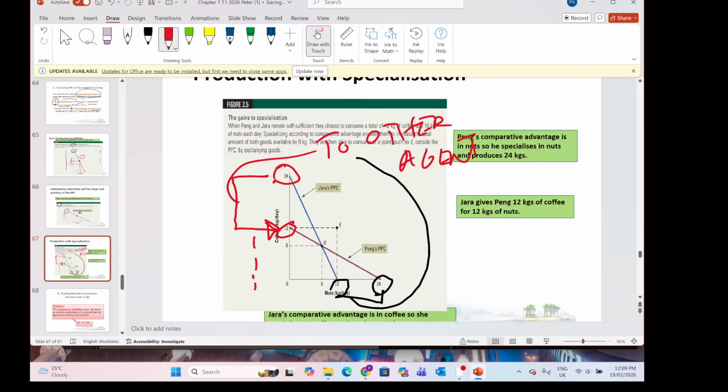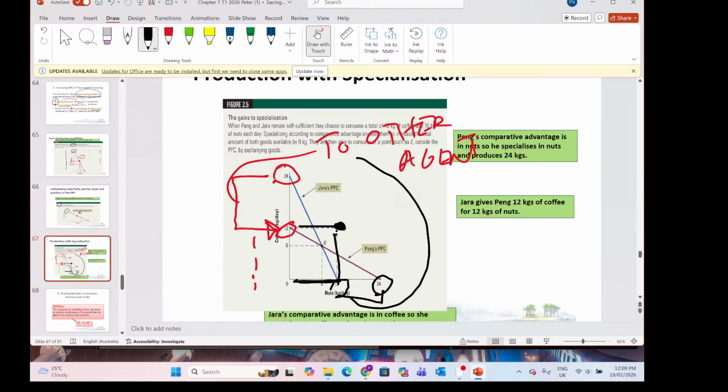And now the guy who's producing nuts has made 24, but he's kept 12, and he's been provided with 12 units of coffee from the other player. So both of these producers can now have 12 units of coffee and 12 units of nuts, and they are now able to consume outside their production possibility curve.